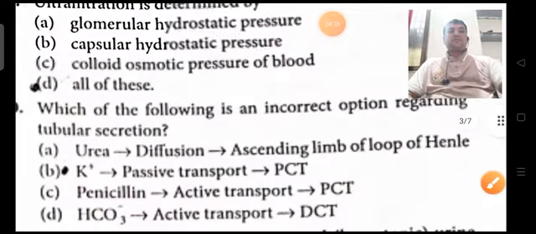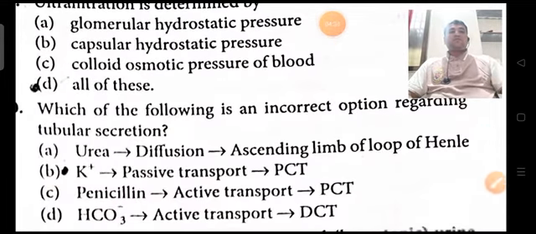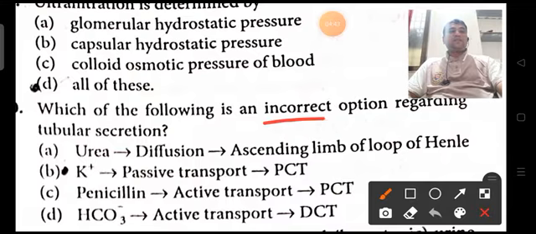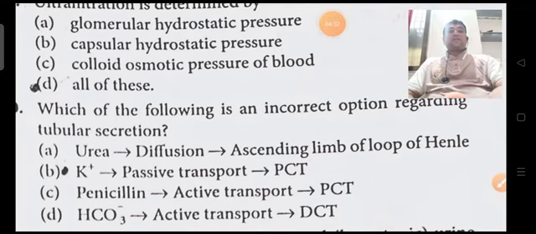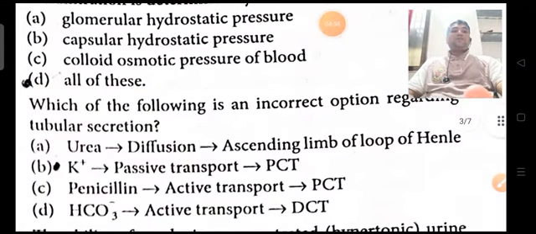Next, which of the following is an incorrect option? Please note, incorrect option regarding tubular secretion. K plus ion is actively... urea diffusion in the ascending limb of Henle.